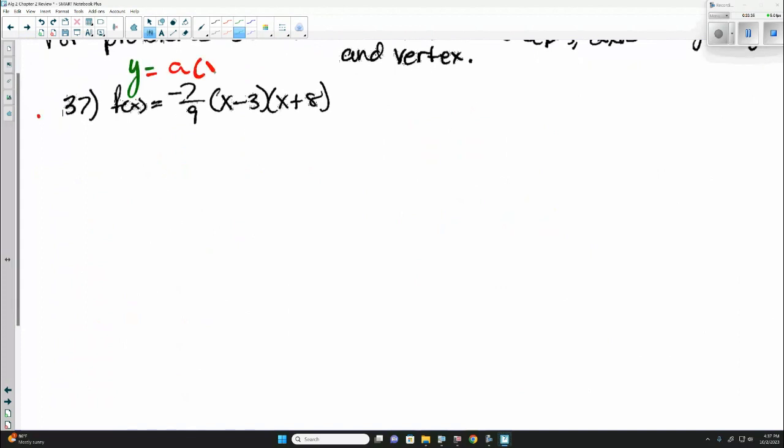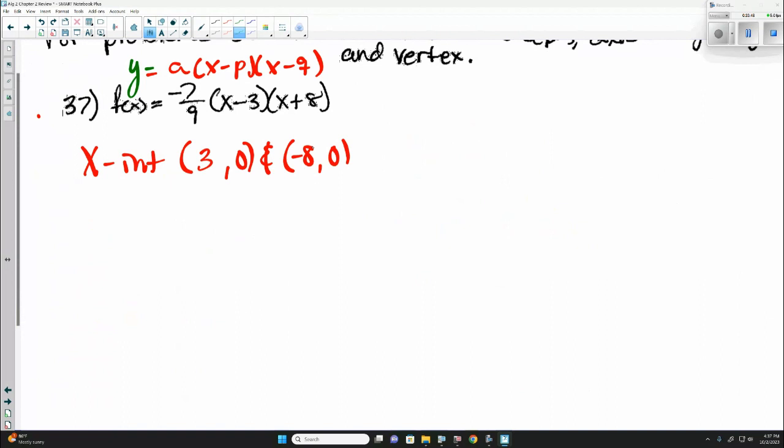Still x-intercept form. So the first thing we need to find is our x-intercepts, which is our p comma 0 and q comma 0, which would give us 3 and -8. Now our vertex is the point p plus q over 2, comma f of p plus q over 2.